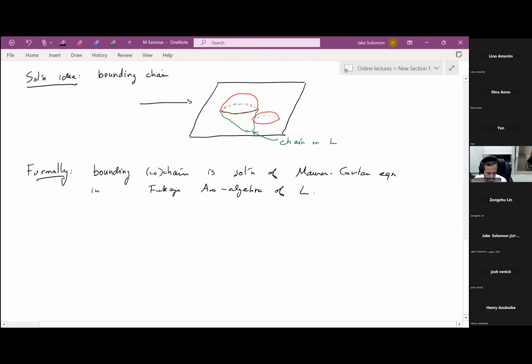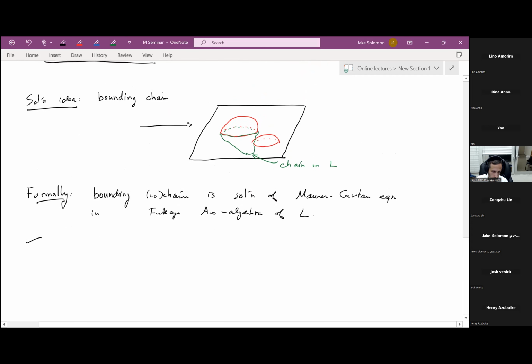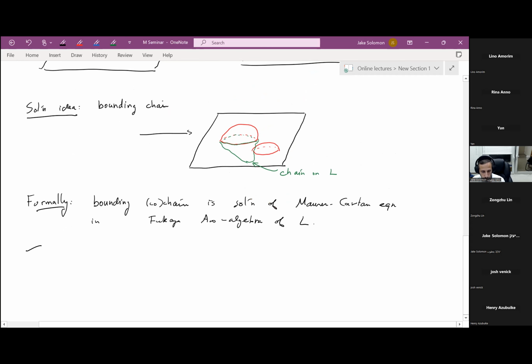I'm probably not going to go into a whole lot of detail about what this means, but it's a well-developed theory, and maybe something one should ask is, what about choices?